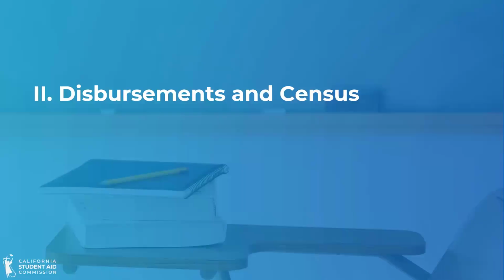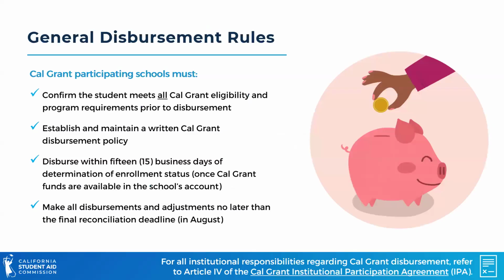Now we're going to move into disbursement and census policies. I will just quickly outline the general disbursement rules, but these are listed in your institutional participation agreement with CSAC, or the IPA. It's specifically under Article 4. So if you're a Cal Grant participating school, you have to make sure that you're confirming that the student meets all Cal Grant eligibility and program requirements prior to disbursement.